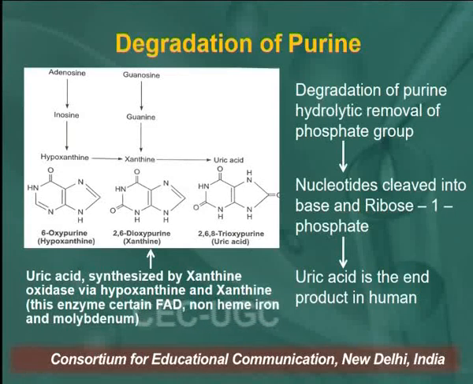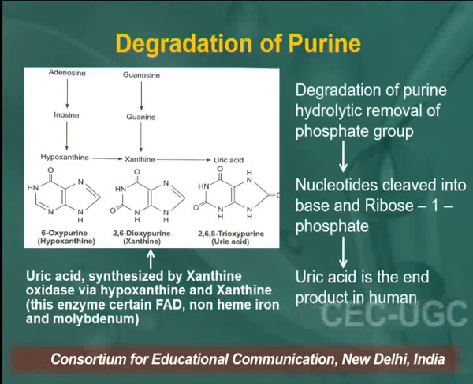The degradation of purine occurs through the hydrolytic removal of the phosphate group, and the nucleotides are cleaved into bases and ribose 1-phosphate, and then converted into uric acid. So, the uric acid is the end product in humans.